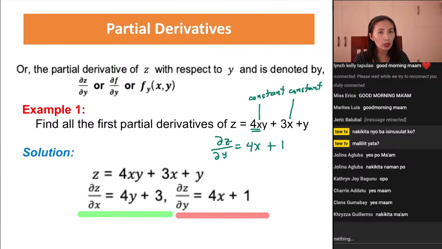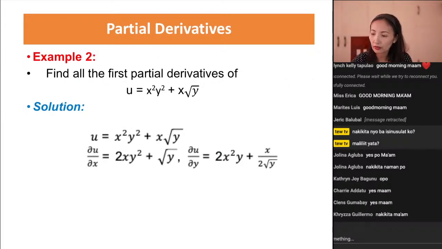So, simple rule: if we differentiate with respect to the variable x, treat all other variables as constants. If we differentiate with respect to the variable y, do the same thing. All other variables are treated as constants. Let's look at the last example. Find the partial derivative of u equal to x squared y squared plus x square root of y.